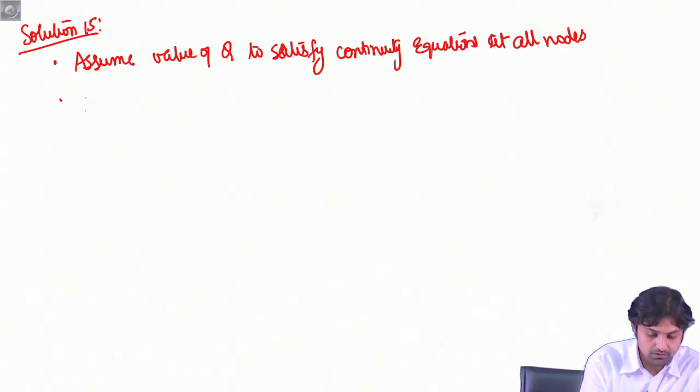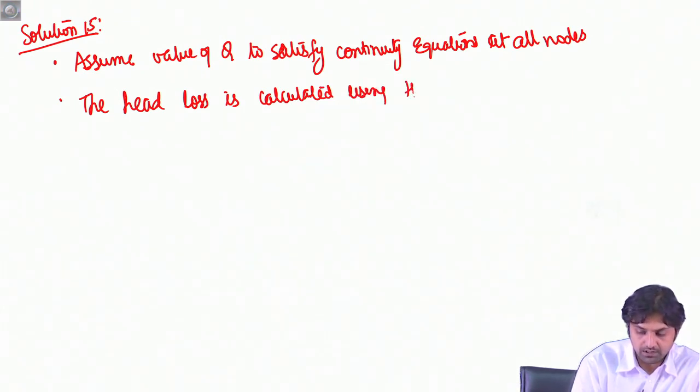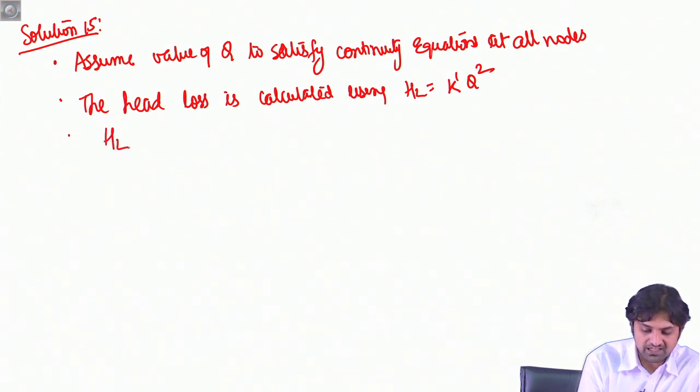Also, the head loss is calculated using HL written as K dash Q square. This HL actually could be the sum of major and minor losses both, okay.